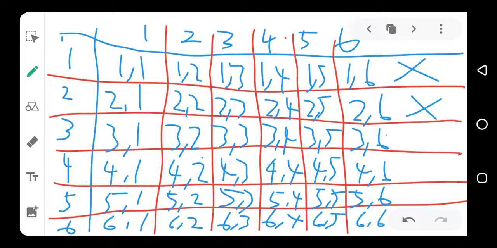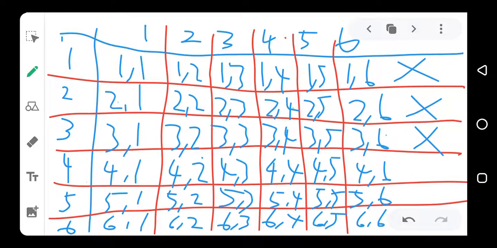In the third row, the highest is 3 plus 6, which is 9, but we are looking for something greater than 9, so it is not included. 9 is not included; it is any number from 10, 11, 12 and above.